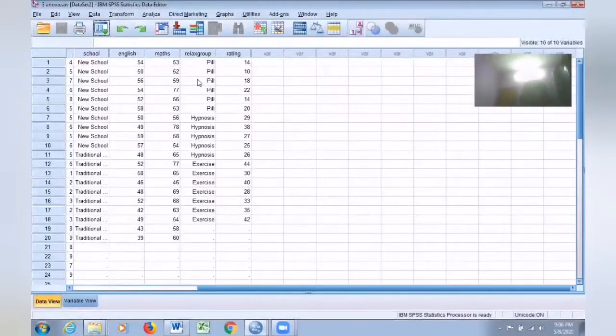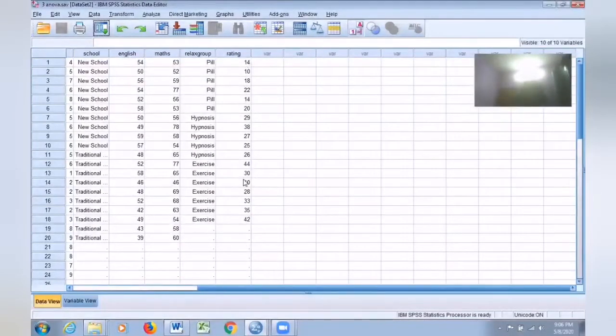A group of respondents got tablets. Another group of respondents were given some meditation, hypnotism, all those things. There is another group for whom we have taught some exercises. So after getting these three different kinds of treatments, maybe for a week or a month, we asked them to rank how relaxed they are now.